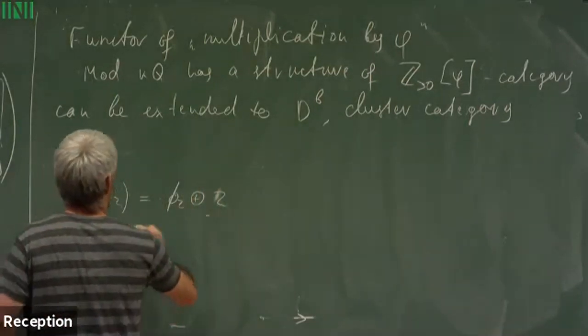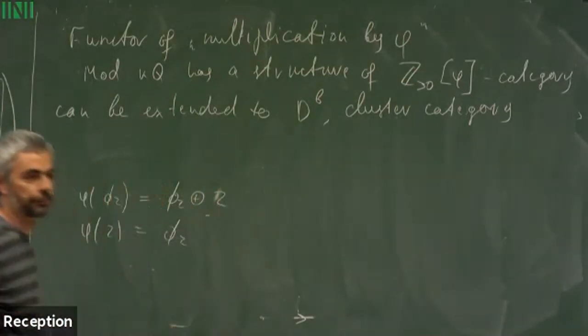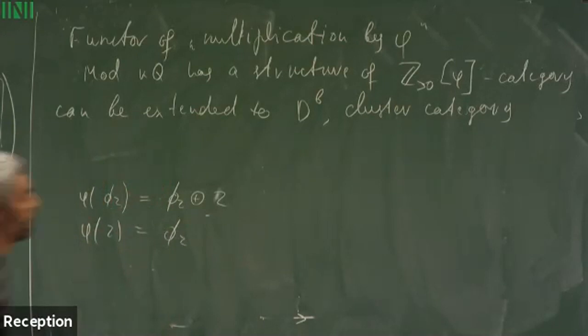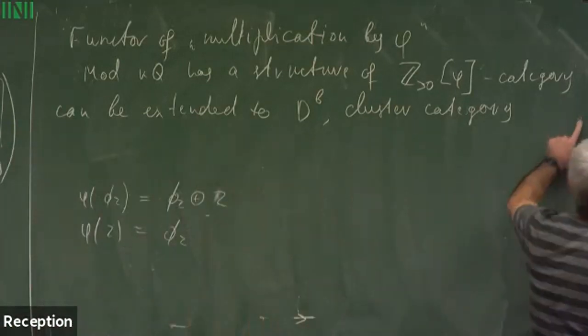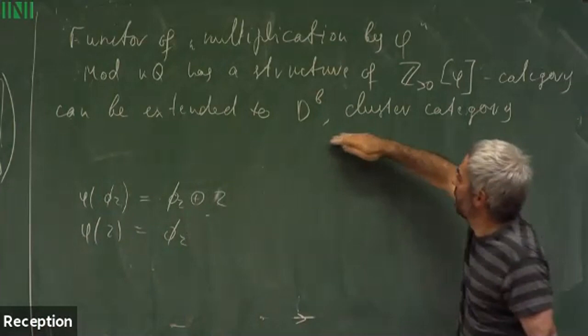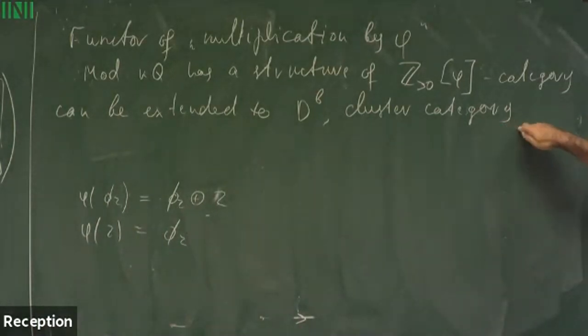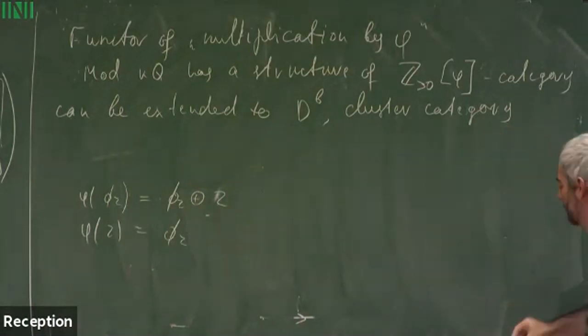Phi of 2 is phi 2. And we somehow can also define, using our unfolding, invariant mutation. But okay, this is probably too much. Okay, thank you very much.